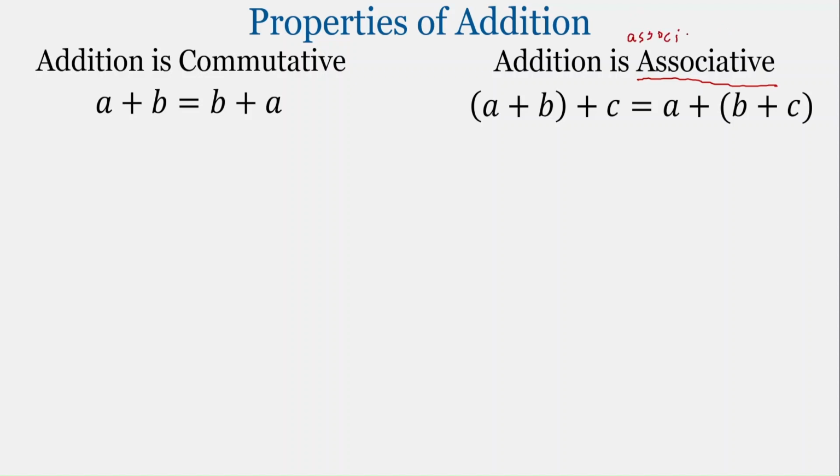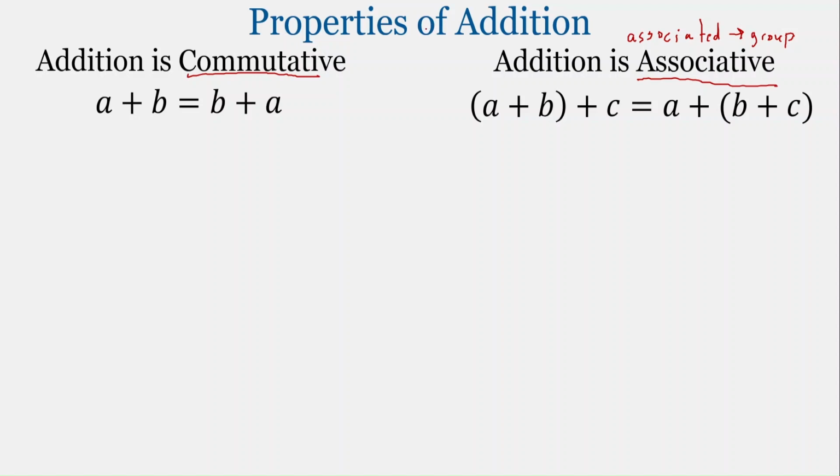So we can say that associated has to do with grouping. How things are grouped is how they are associated, so it's the associative property. And then simply put, the other one is commutative. And commutative is about order.